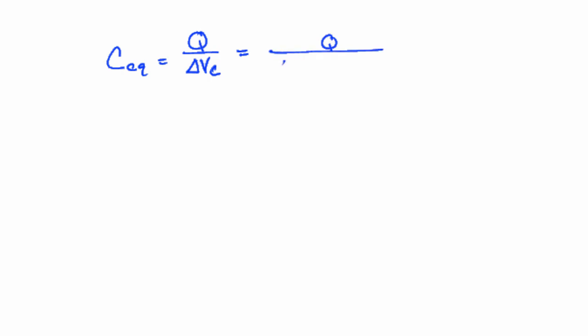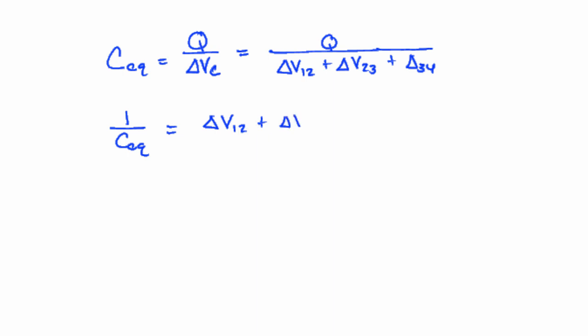We can rewrite this using the potential difference over each individual capacitor here. Now, if we invert this equation, I will get 1 over my equivalent capacitance is equal to the sum of the potential difference over each one of those capacitors divided by the charge.